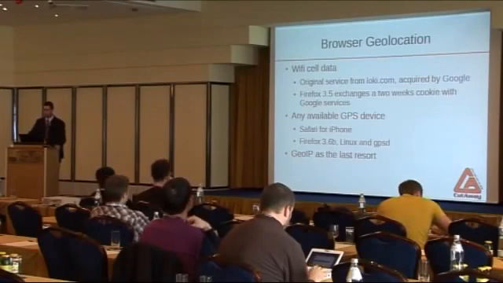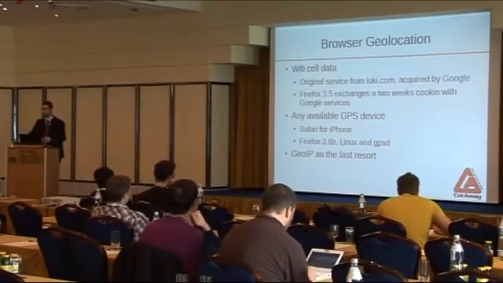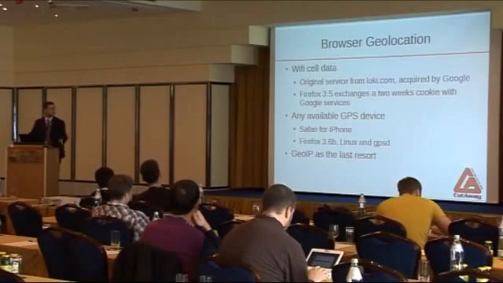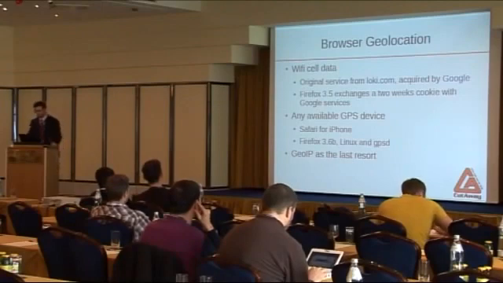Later, it was acquired by Google, and now Firefox 3.5 exchanges a two-week cookie with the Google services providing geolocation. Then it could look up if there is any available GPS device, like Safari for iPhone does, or the latest beta of Firefox does with Linux and the GPSD daemon. As a last resort, it will use GeoIP, an old friend.